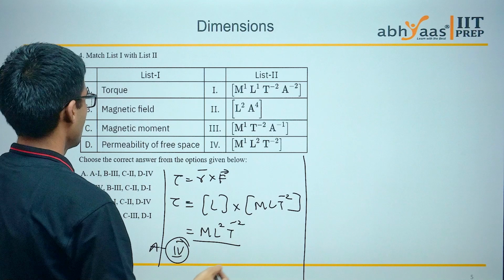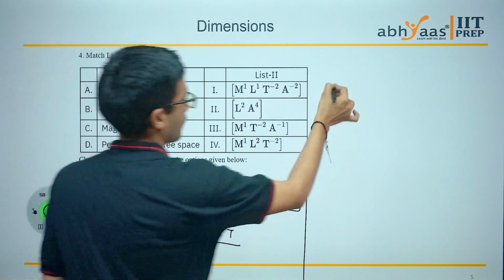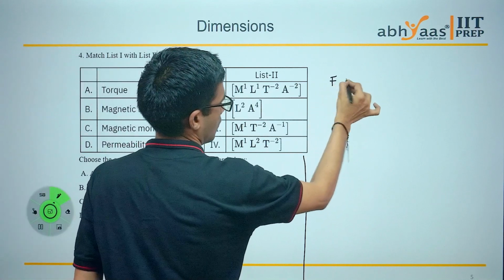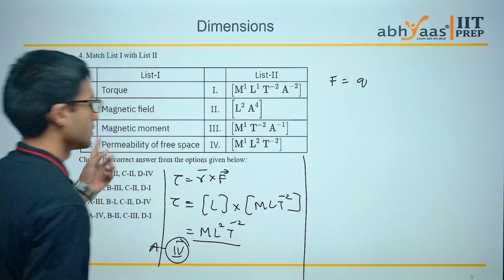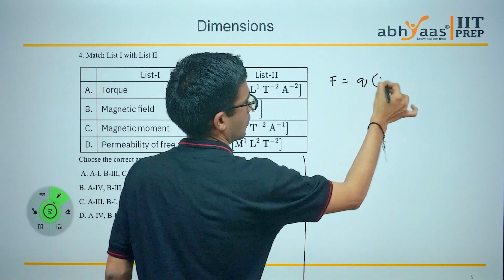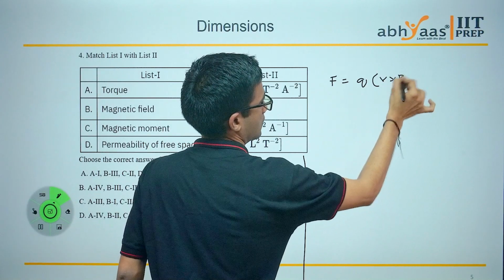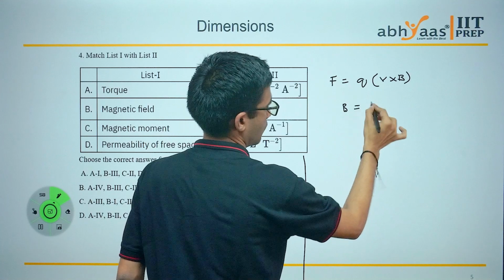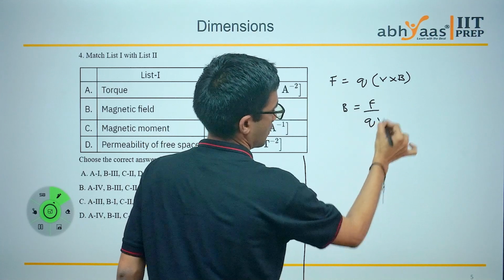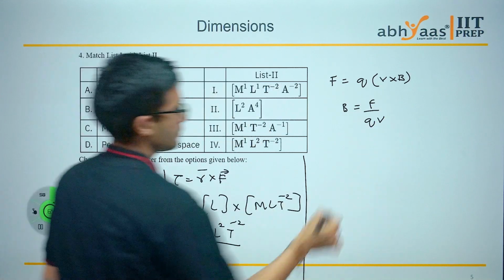Next, B, magnetic field. B is magnetic field. So F equal to Q into V cross B, so B is equal to F by QV. Q is a charge.